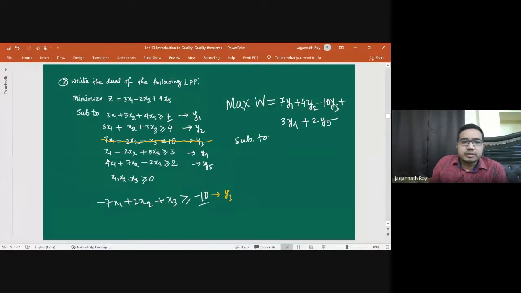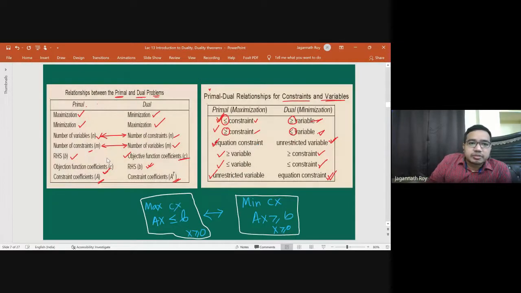Now what will happen is that, because we have written all the constraints in terms of greater than type, we can easily apply these relations.